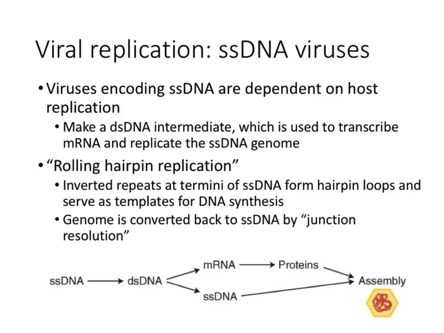They use the host DNA-dependent DNA polymerase for replication, and for transcription, the DNA-dependent RNA polymerase. Leaky scanning, alternative, okay. I was just going back to the mechanism for the RNAs.